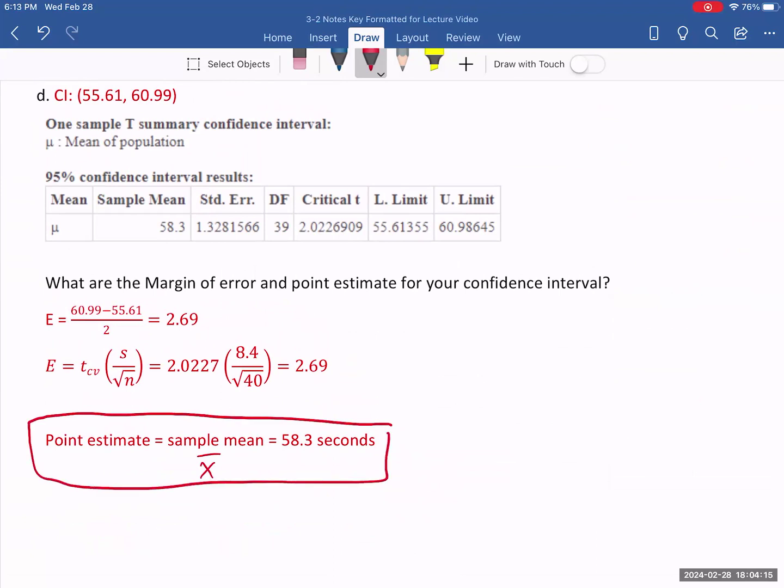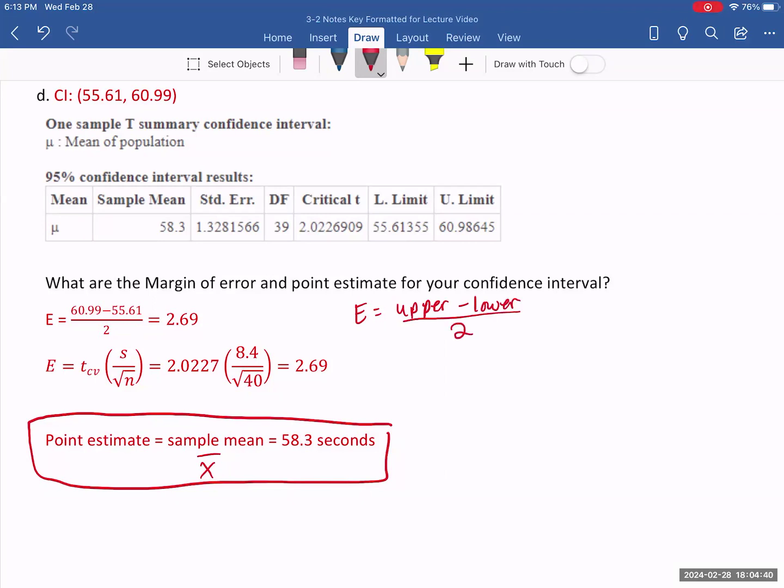And then for the margin of error, there's two different ways that you could find that. You could use that formula that we have used in the last section where you take the width of the interval. So you take your upper limit minus your lower limit and divide by 2.